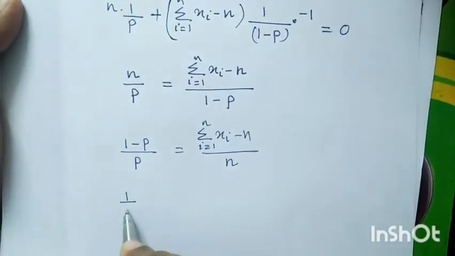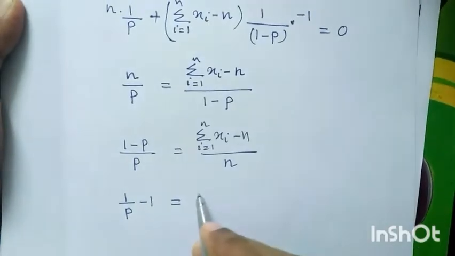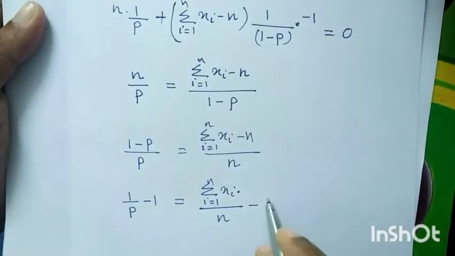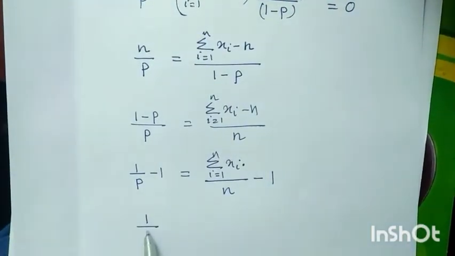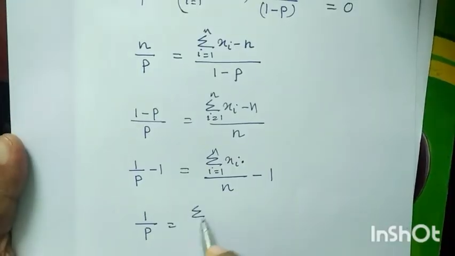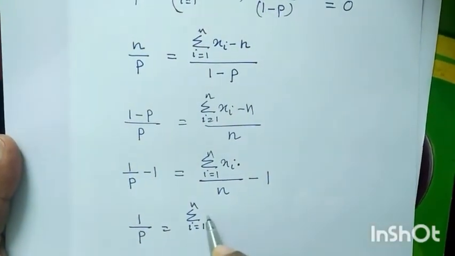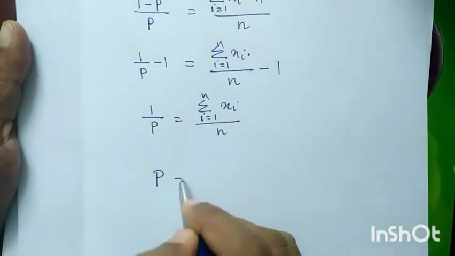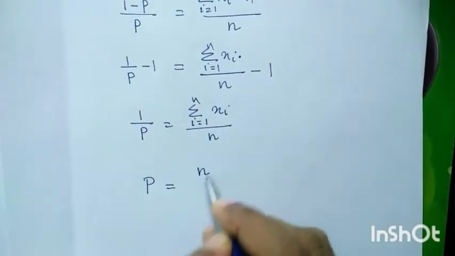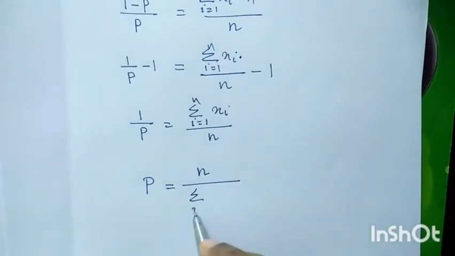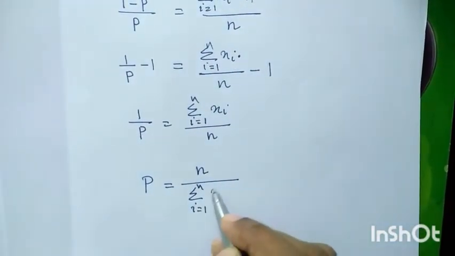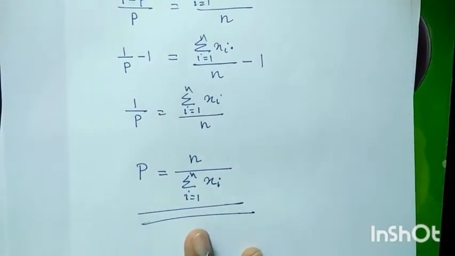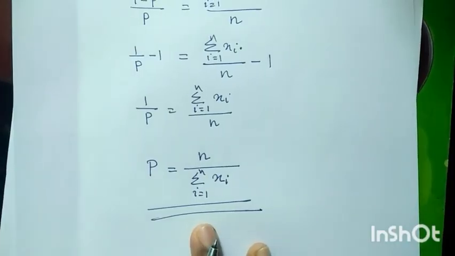So we can write 1 by p minus 1 is equal to sigma i equal to 1 to n xi by n minus 1. So now 1 by p is equal to sigma i equal to 1 to n xi divided by n. So p is equal to n divided by sigma i equal to 1 to n xi. So this is the parameter p of the geometric distribution using the MLE method.